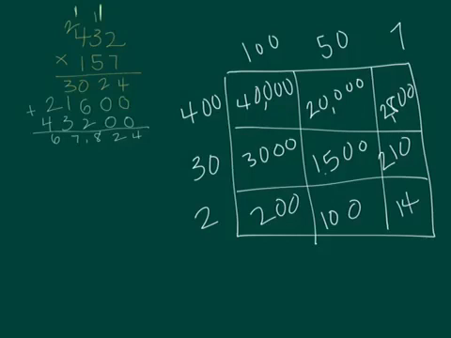I'm going to use these partial products and see what I get as I add up each column. This guy is first up, 40,000, 3,200. Up next, I'm even going to write this one off to the side.